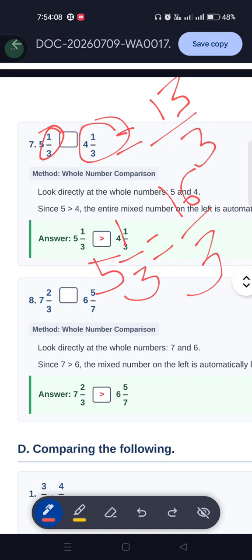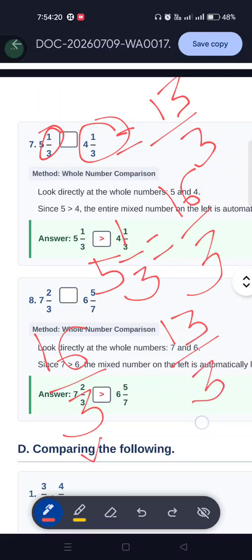I told you, when two fractions are given whose denominators are the same, here 16 upon 3 and 13 upon 3, their denominator is 3. When this condition is shown in any question, when the denominator is the same for two fractions, then the fraction having the greater numerator is always greater.